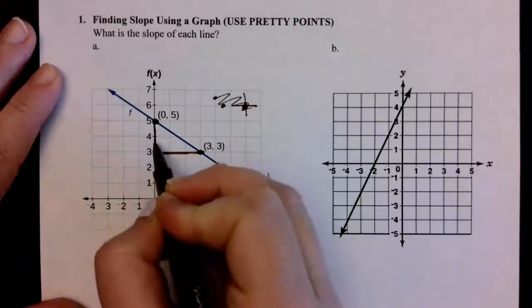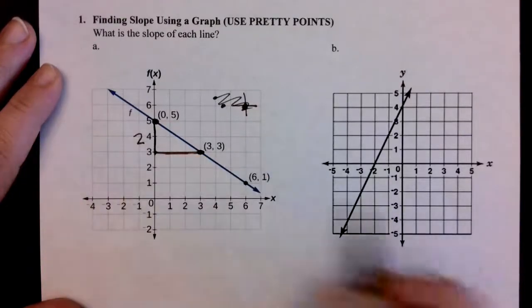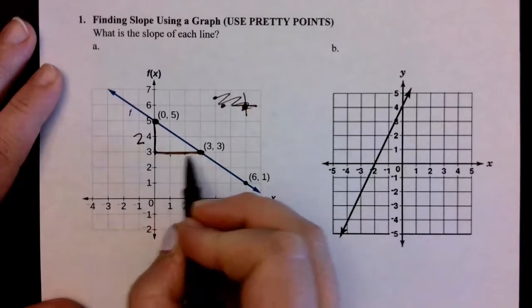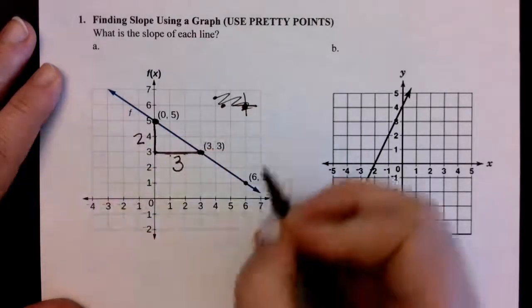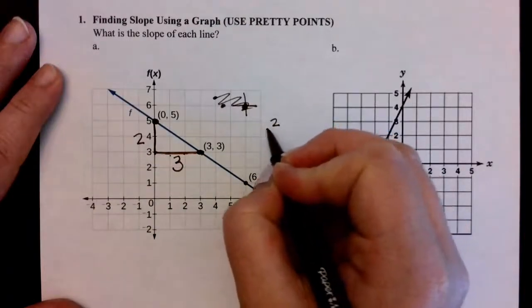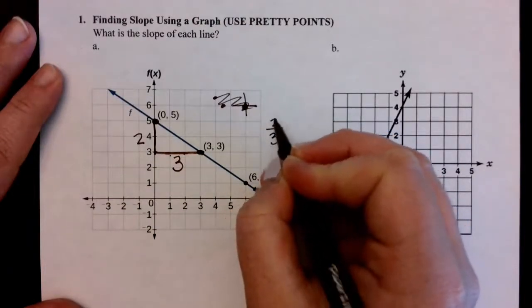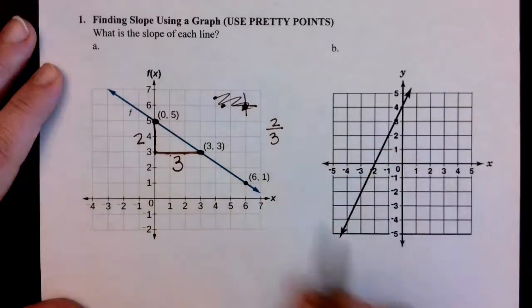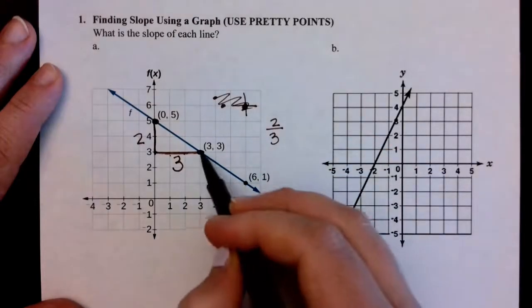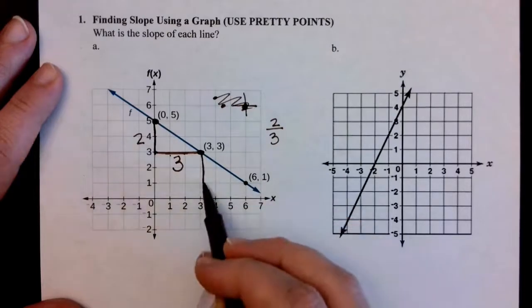I went down 2 over 1, 2, 3. Up and down was 2. Left to right was 3. My rise, my run.